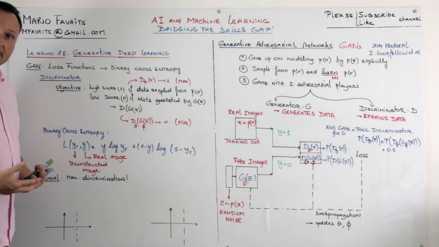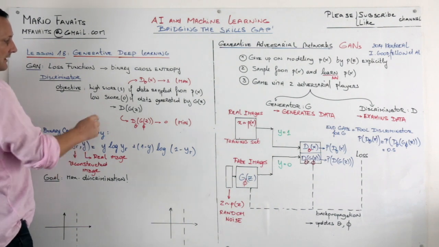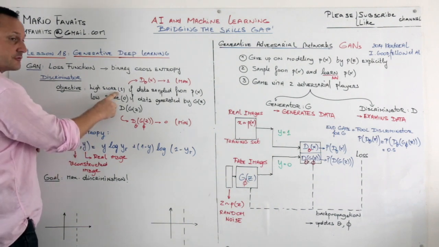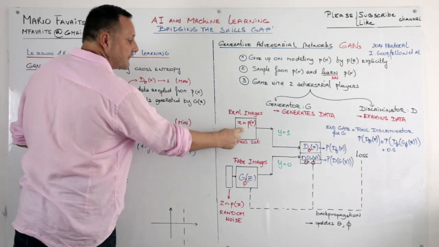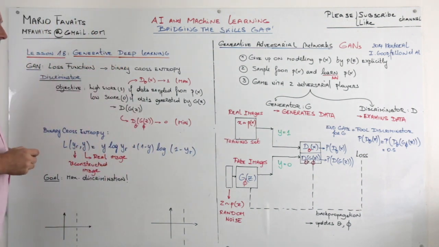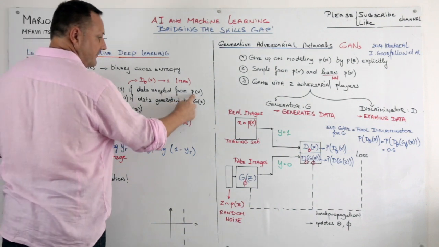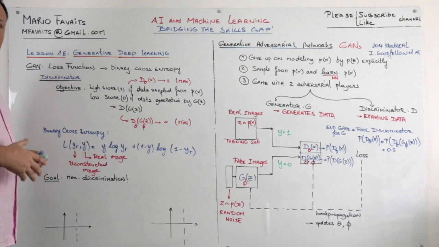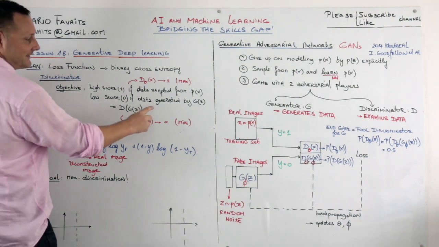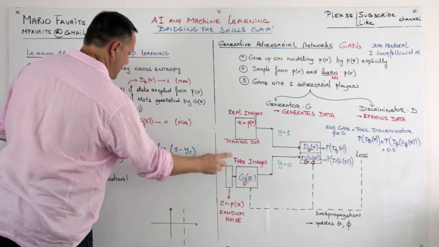It's to discriminate. So it wants to push for a probability of 1 if the data is coming from the real images, and the data is coming from P of x. And it wants to give a low score, near 0, whenever the data is generated by this generator.